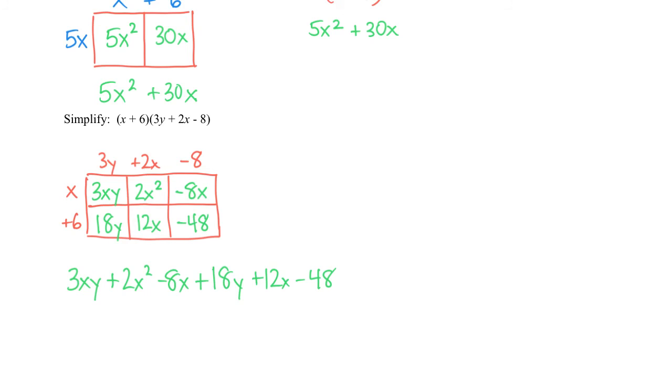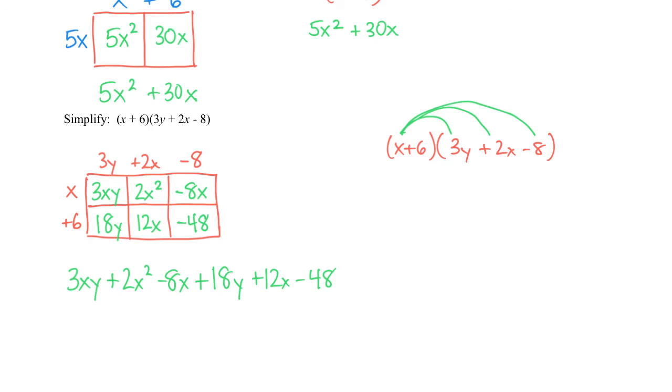All right, what about the algebraic way? The algebraic way is to just write down the problem as it's given to you. And then I'm going to use colors here to show you. I want to take the x and multiply it by everything inside, just like we did here. So this is essentially the top row of my rectangle.